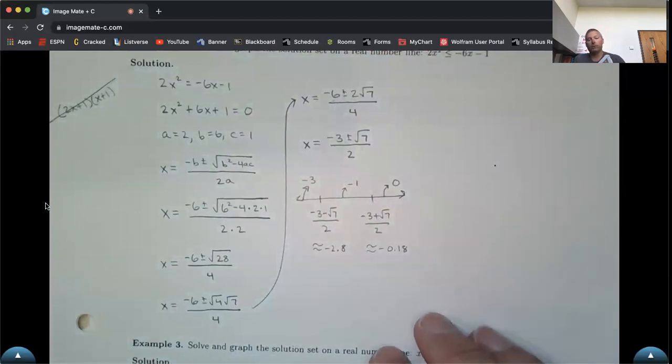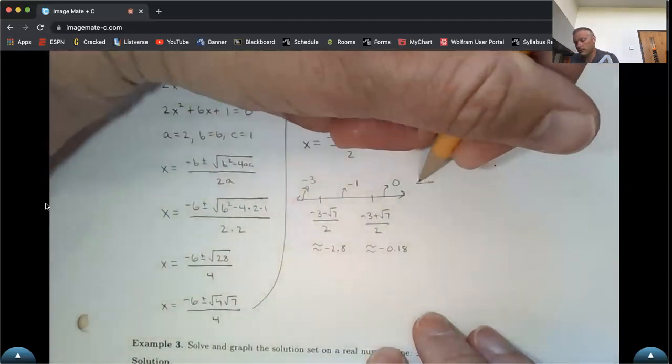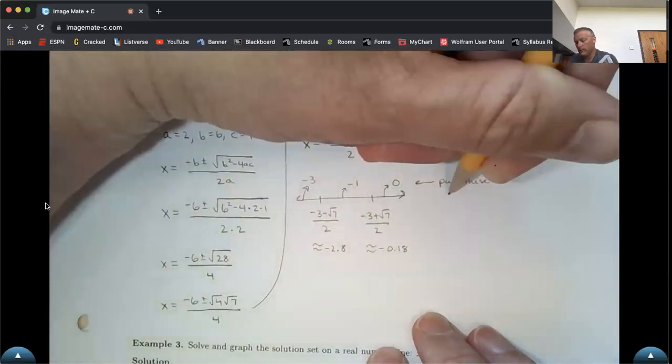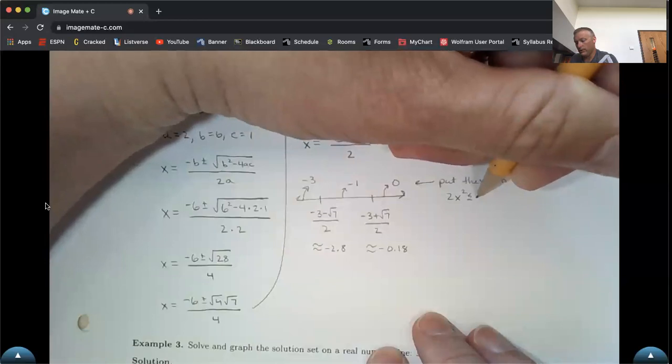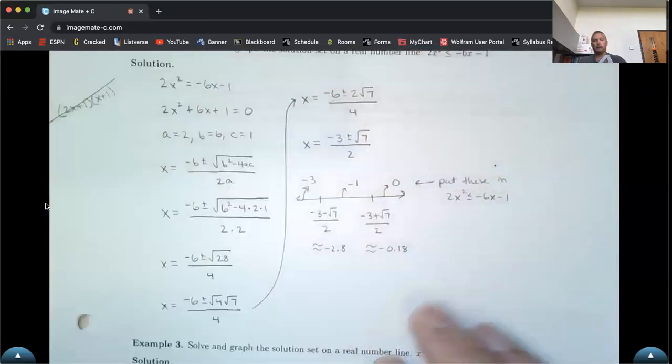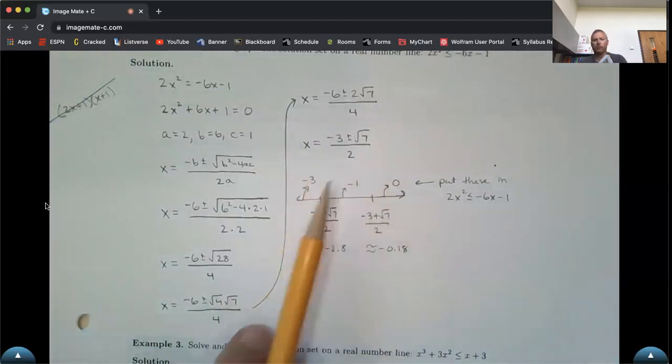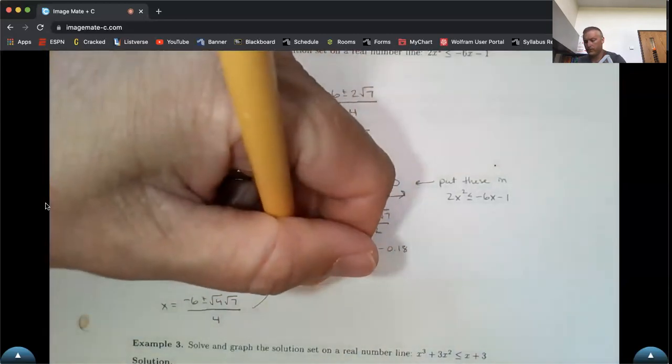And so what we're going to do with these sample numbers is put them in the original inequality, 2x squared is less than or equal to negative 6x minus 1. So let's check these three numbers. Let's use negative 3 first.